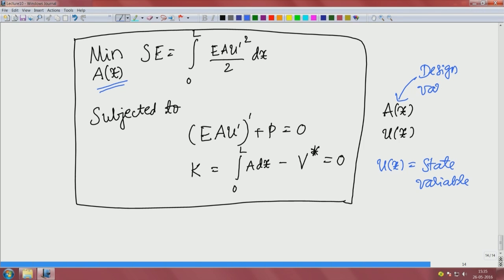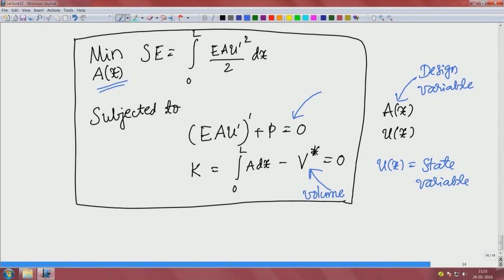So, we have now formulated a problem that involves two functions, a design variable and a state variable. The state variable is governed by a differential equation, and there is a resource constraint on the volume of the bar. It is a typical structural optimization problem.